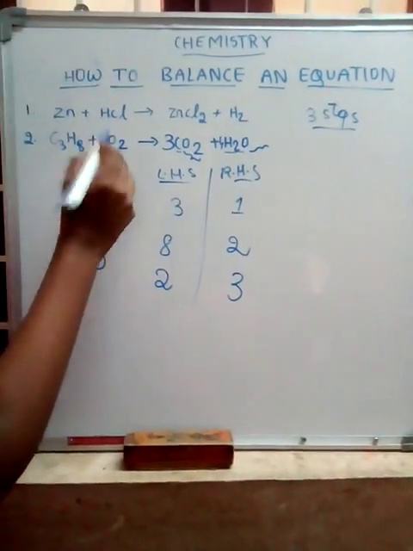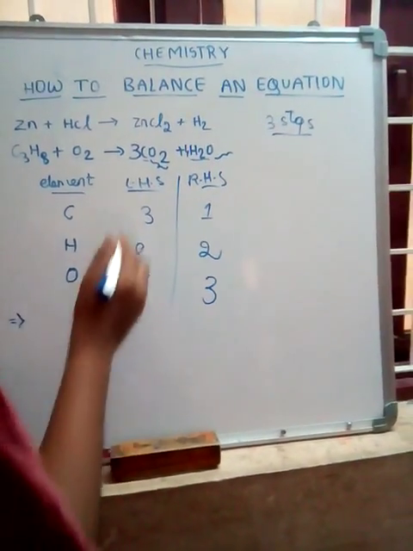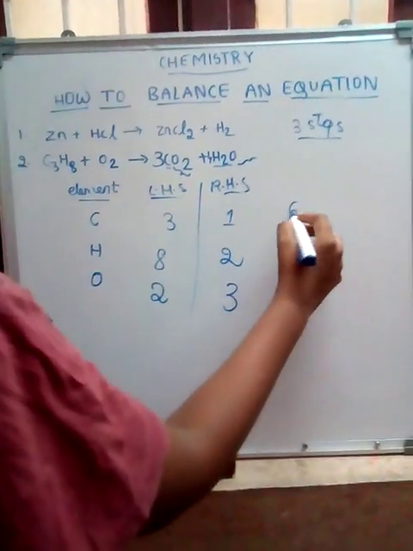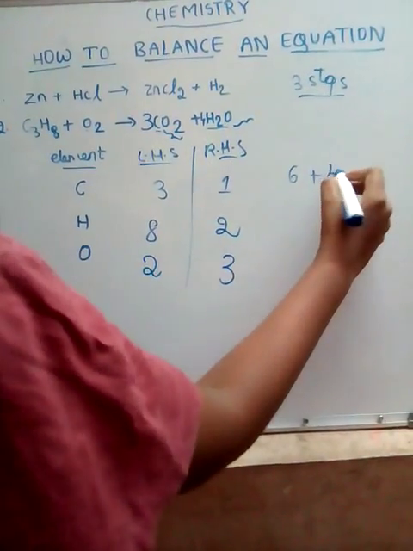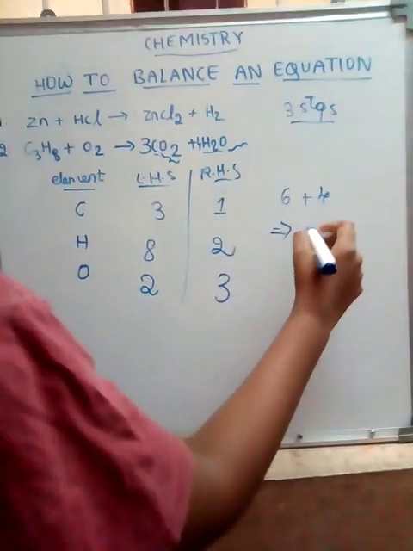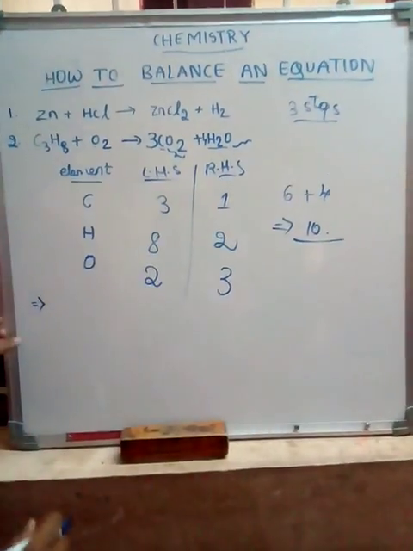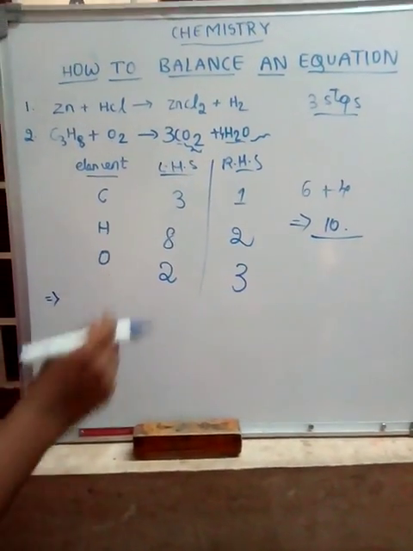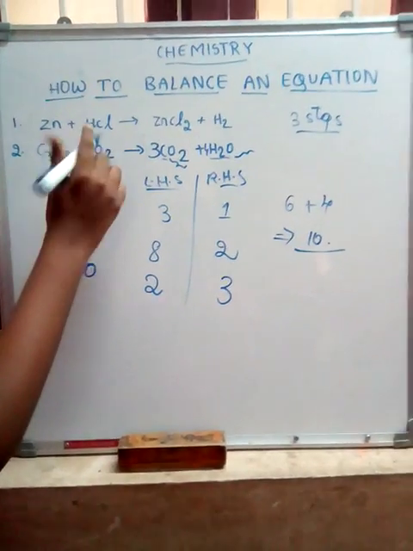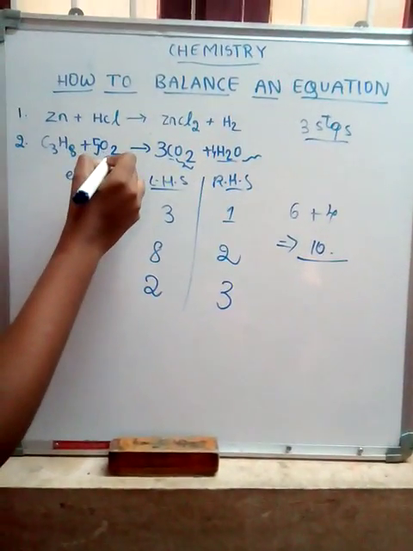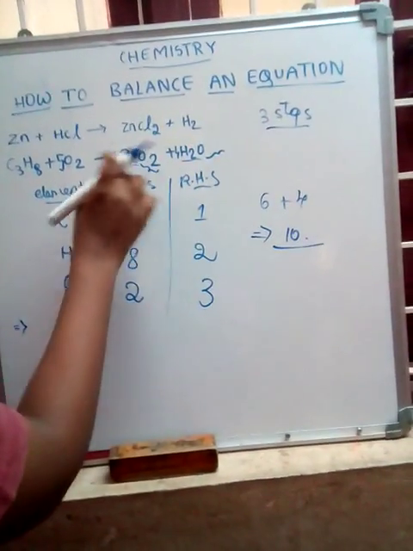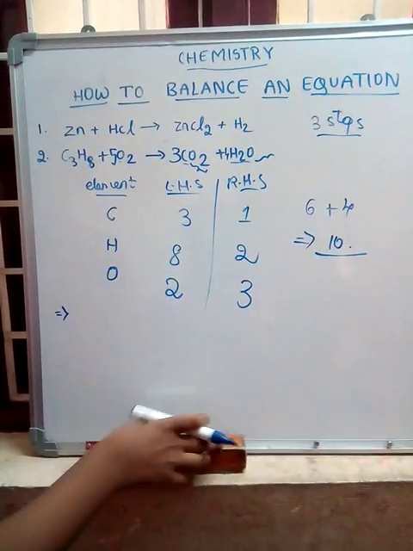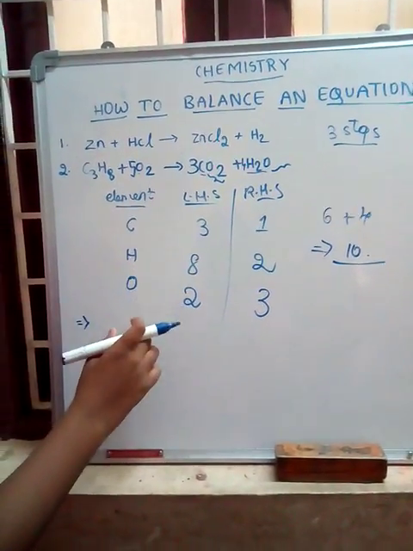On the RHS, 3 times 2 is 6 oxygens plus 4, which is 10 oxygens. So write 5 in front of O2: 5 times 2 is 10 oxygens. All the elements are satisfied.